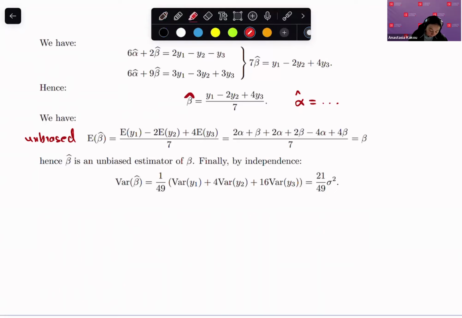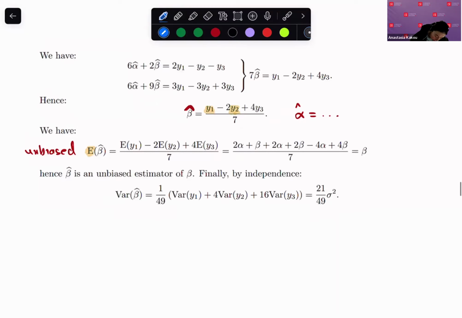Okay, so the way to prove that it is unbiased is to take the expected value of that expression. That expression will involve the functions of yi, so you replace the functions of yi's, and you need to keep in mind that the error terms have 0 mean and constant variance sigma squared.